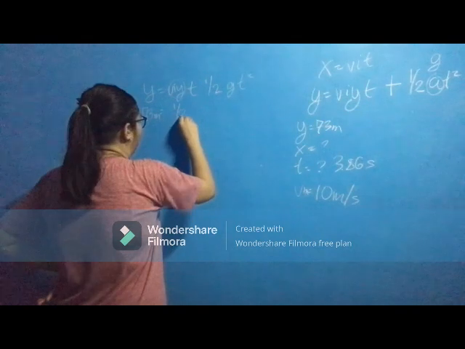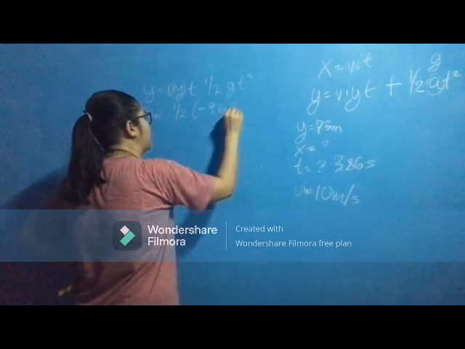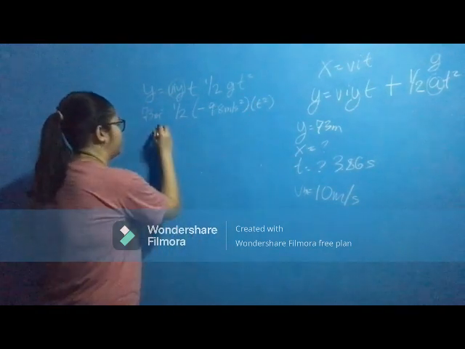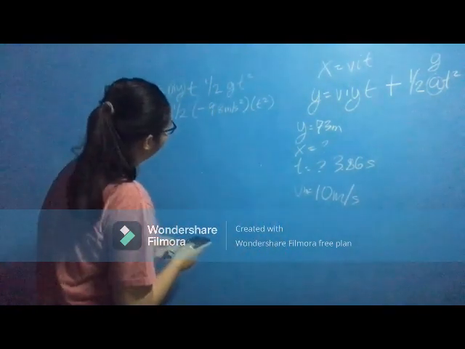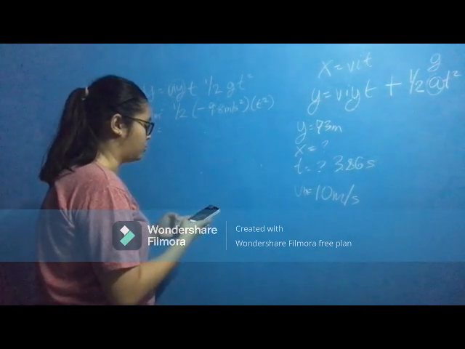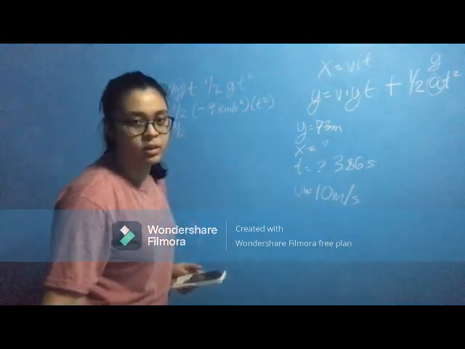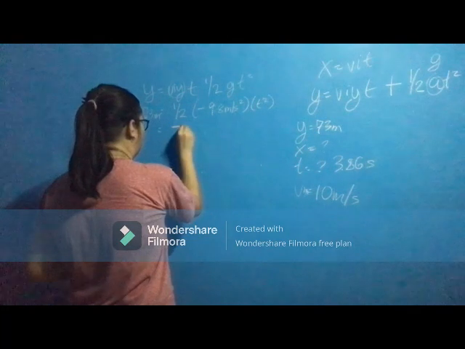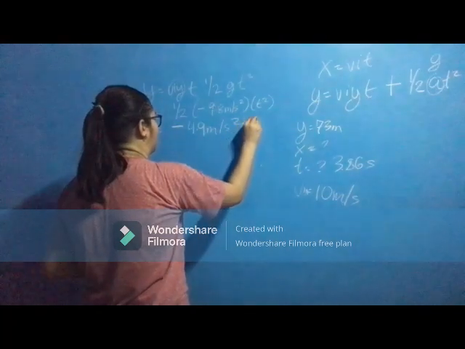So we are now left with 1/2 of negative 9.8 meter per second squared and time squared. In our calculator, let's find the half value of the acceleration of gravity, which is negative 9.8 times 1 half. It is equal to negative 4.9 meter per second squared, times time squared.